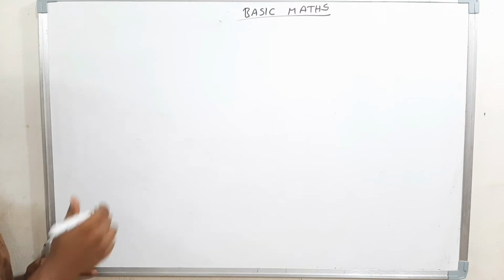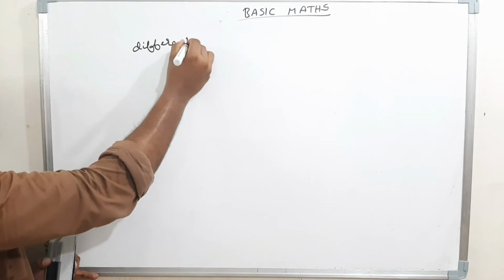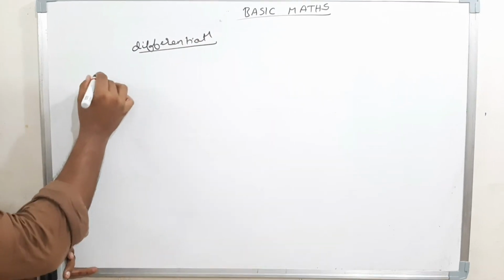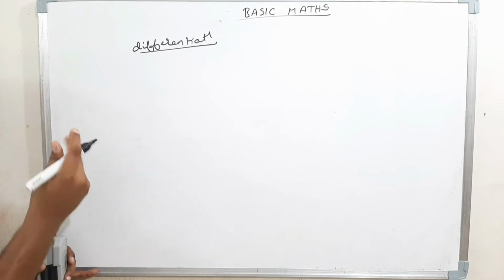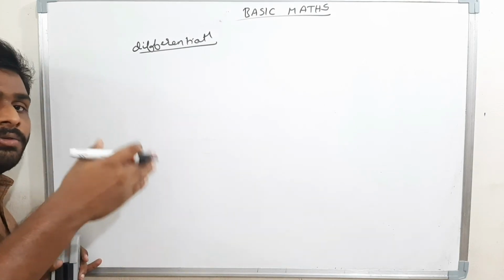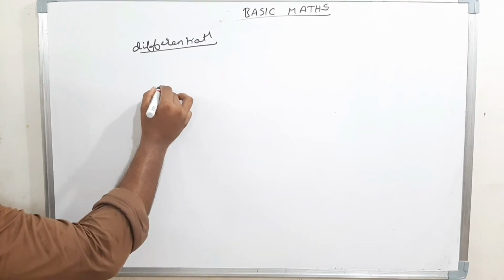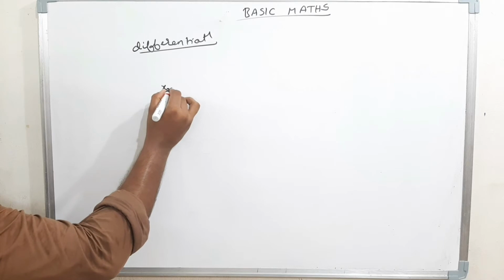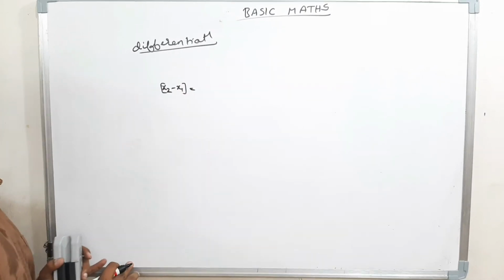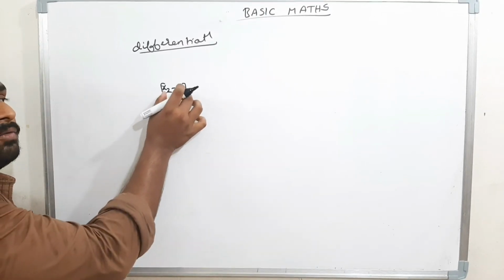Now we will study differentiation. The basic idea: what is differentiation? Differentiation means nothing but breaking down into smaller parts. Now if we take a difference, x2 minus x1, where x2 is one value and x1 is another value.